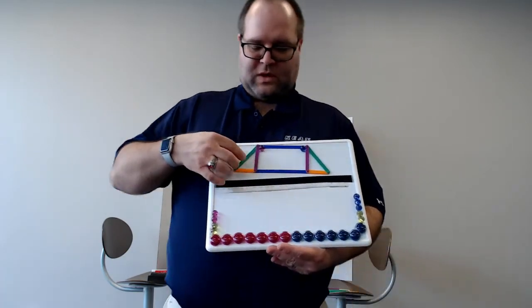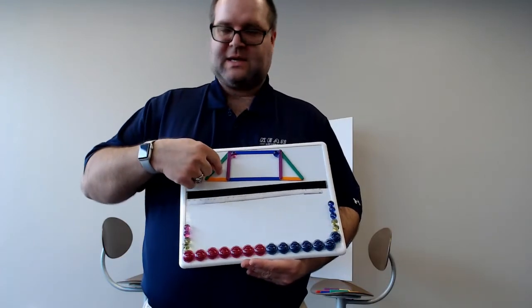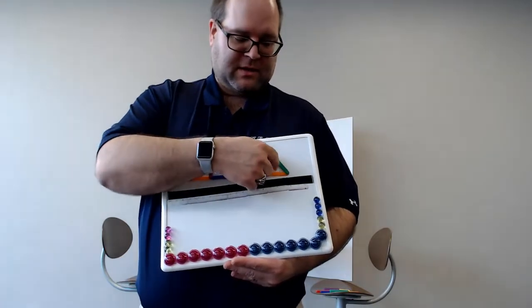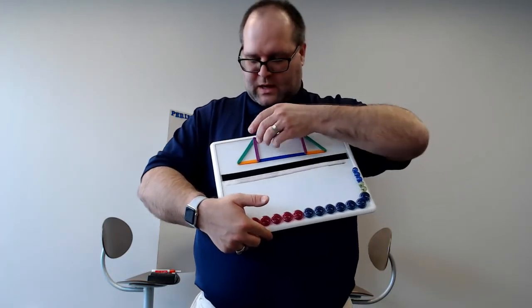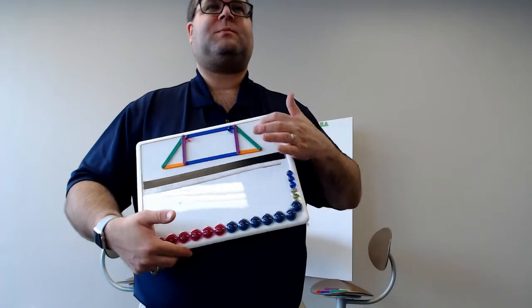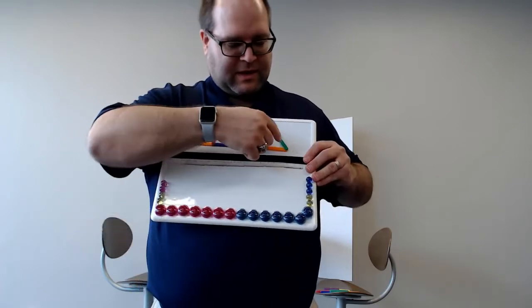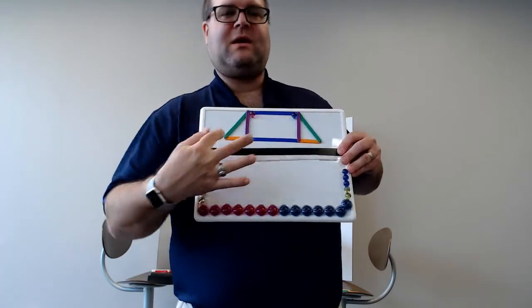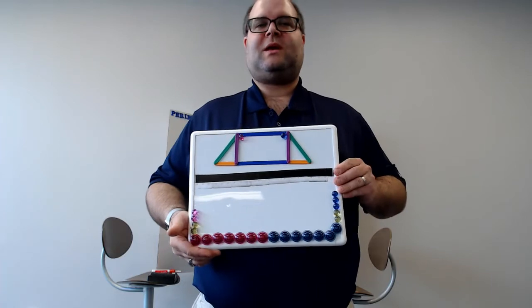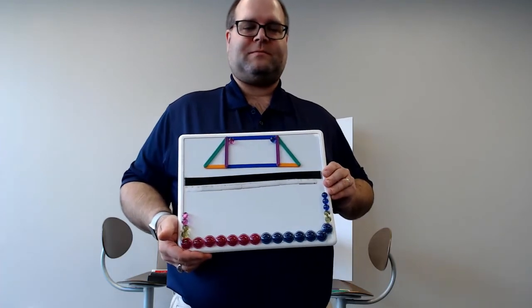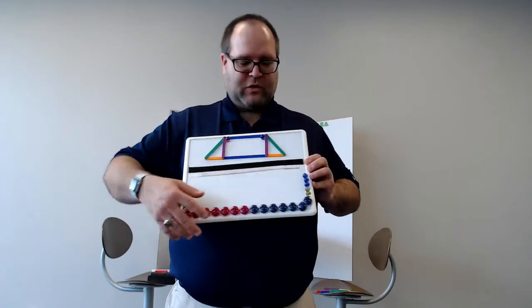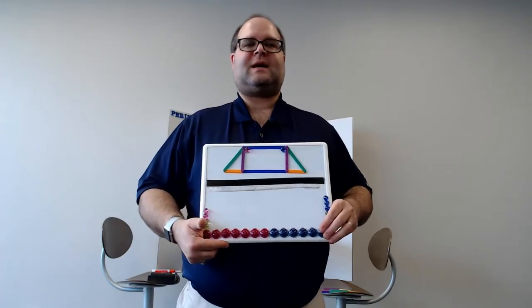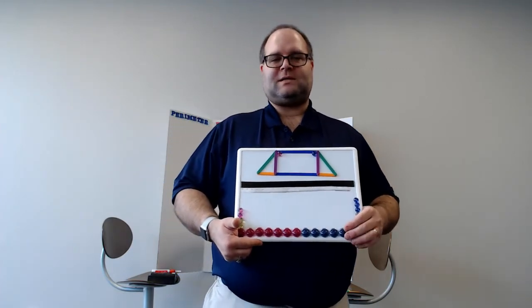So we have an inside here, an inside here, and an inside here. And if we ignore these purple verticals, the entire area in here is considered to be inside this trapezoid. A four-sided figure with only one pair of sides parallel is a trapezoid.